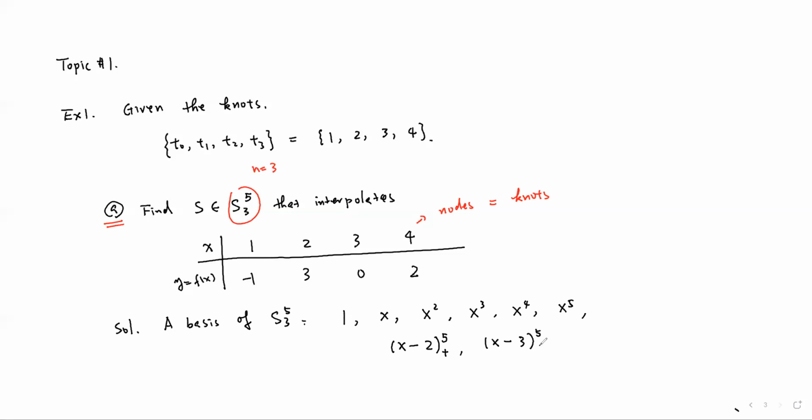So how many functions? N plus k, n is 3, k is 5, so 8 functions. This set of functions is a basis for this space. Now, any function in this space is a linear combination of these 8 functions.